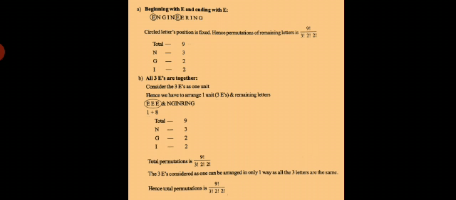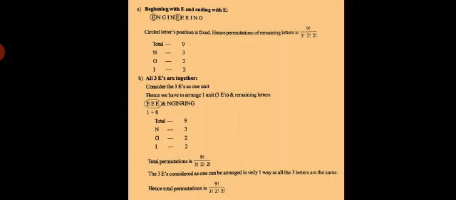The remaining letters' permutations will be, out of 11, remove these two letters E and E, so it will be 9 factorial. Then the repeated letters have to be grouped: N is 3 times repeated, G is 2 times, I is 2 times. So write them in the denominator.